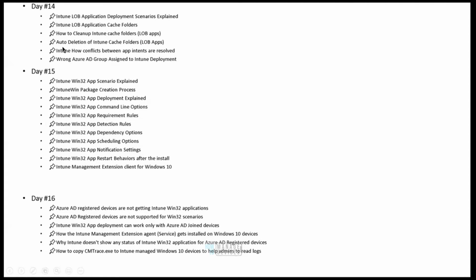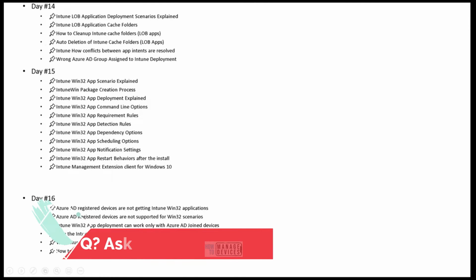We talked about cache folders, the locations of different cache folders, the Intune Win32 application cache folder and the MDM cache folder. All those things we discussed in days 14, 15 and so on.